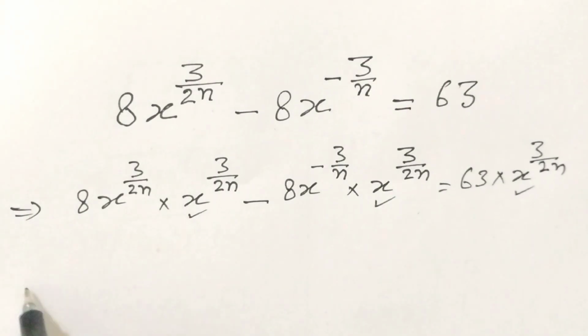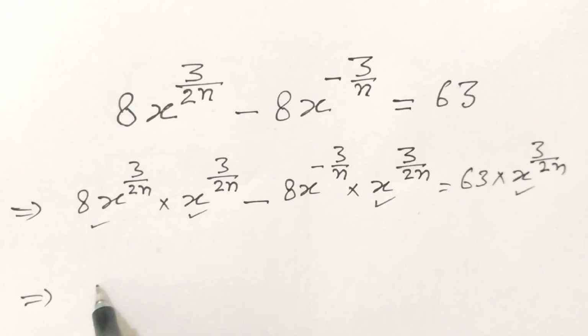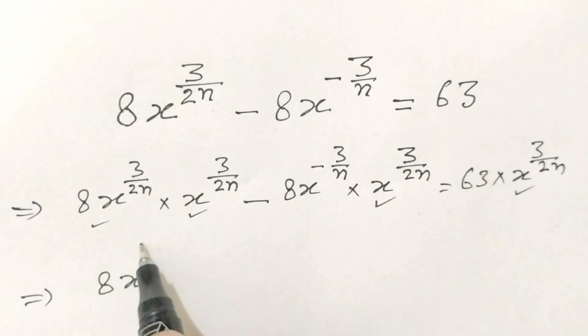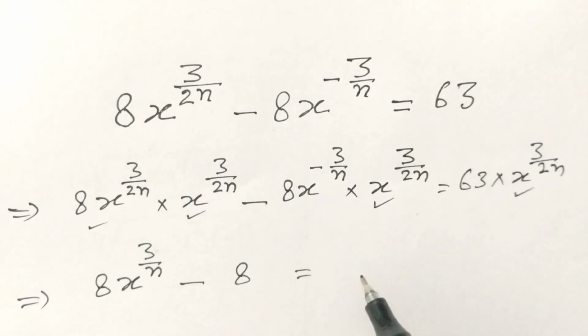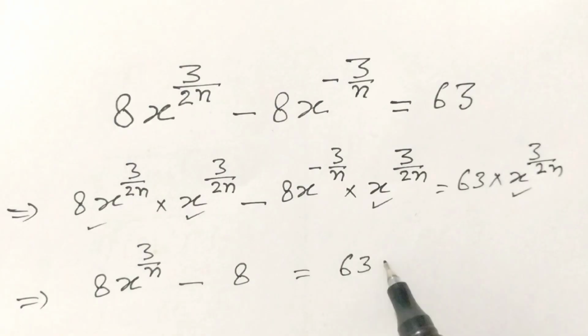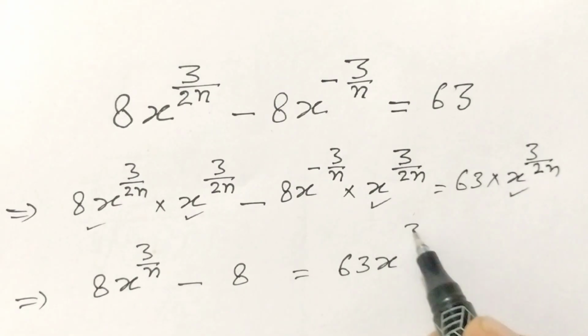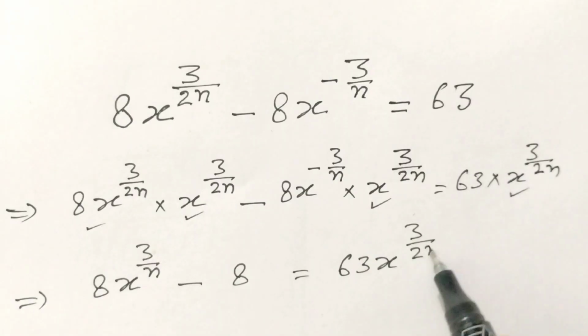Now this into this is equal to 8x^(3/n) minus here 8 is equal to 63x^(3/2n).